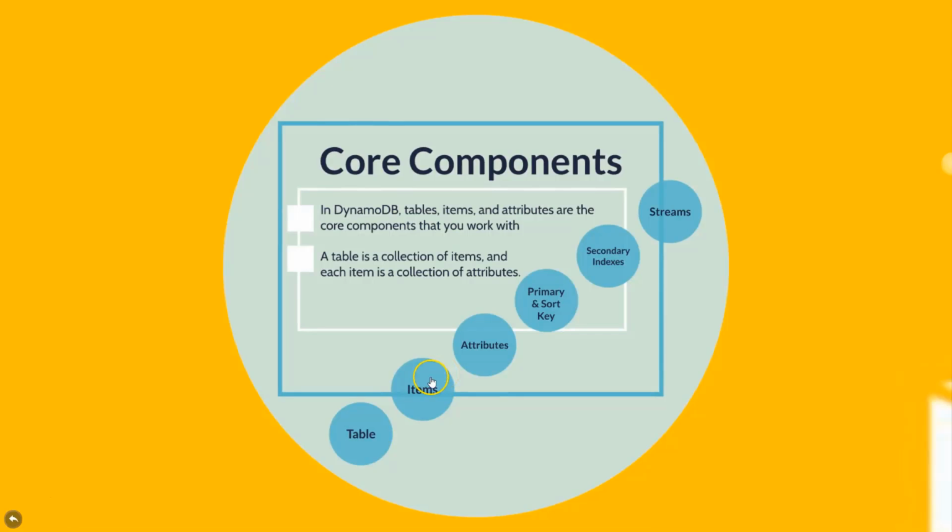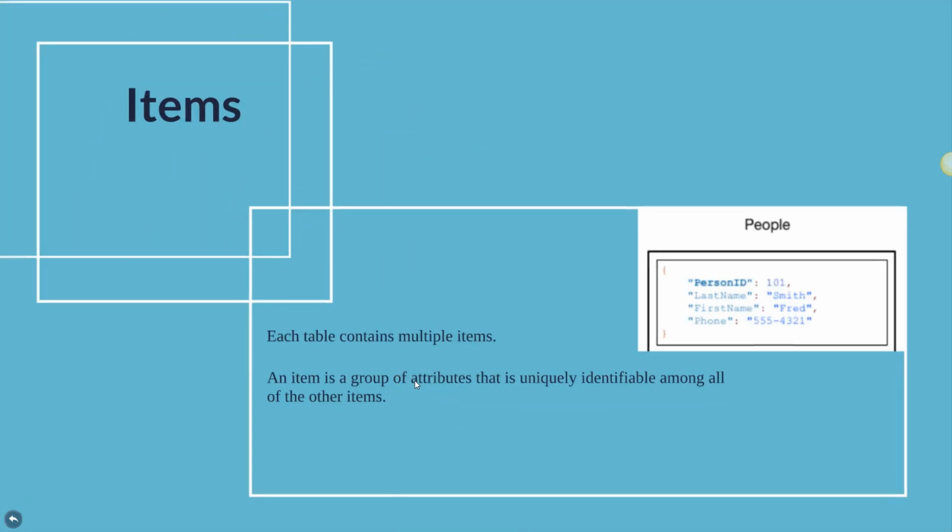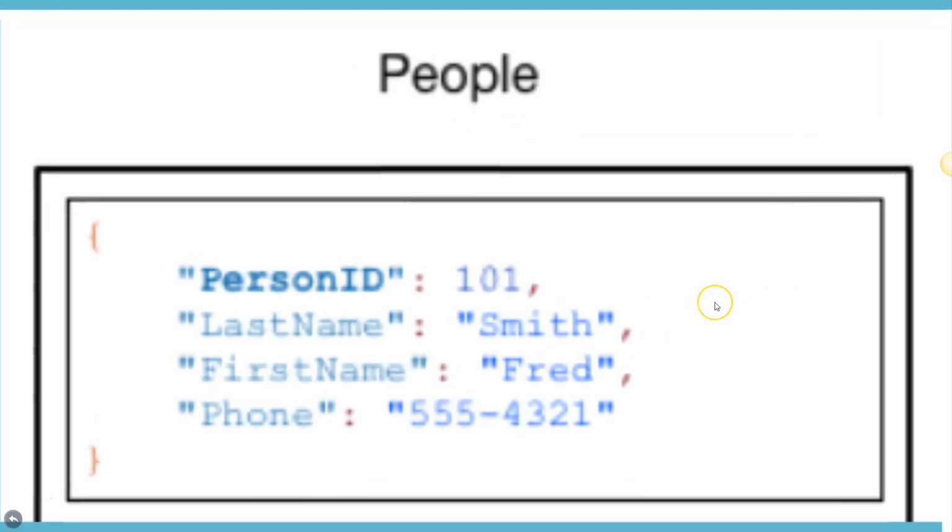Now let's see what is item. Each table contains multiple items. An item is a group of attributes that is uniquely identifiable among all of the other items. Here you can see that this is the people table. Each item represents a person.